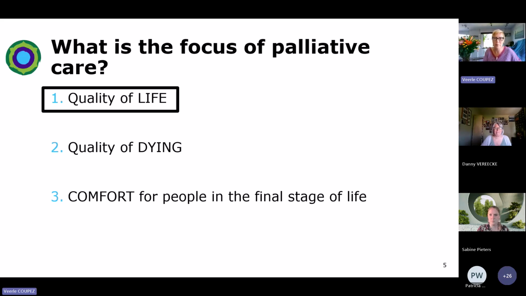It's not an exam. I see a lot of ones coming in. That's right. It's quality of life, quality of dying, and comfort for people in the final stage of life is also true. It's all 3, but the real focus is the quality of life.